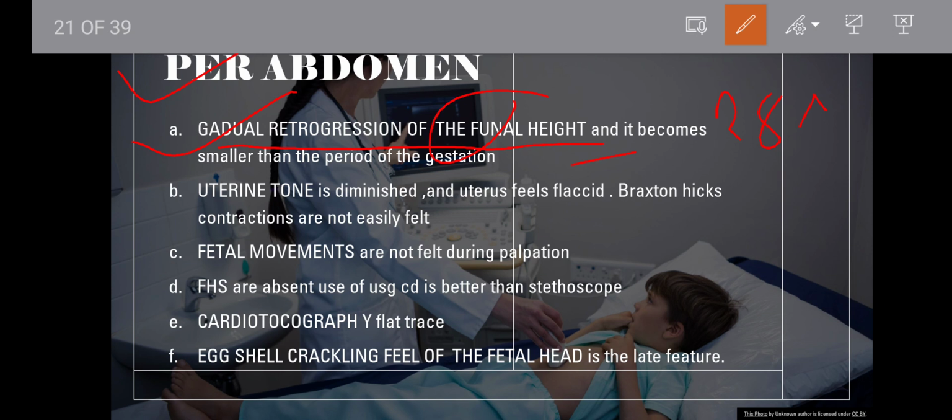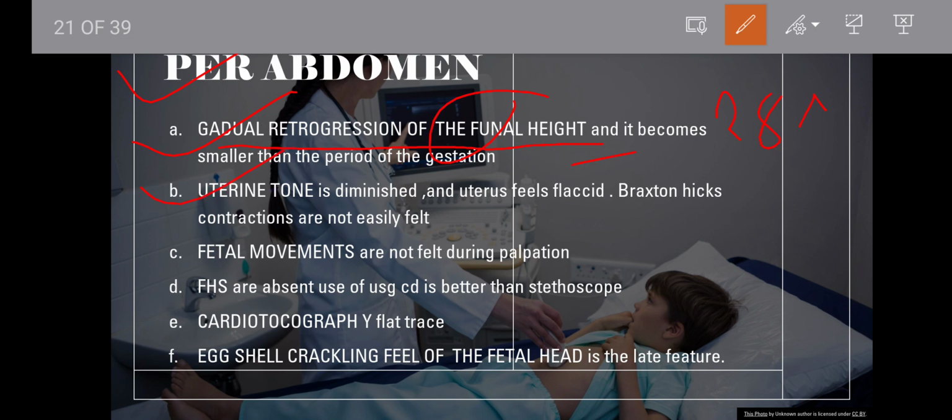In case of intrauterine fetal death, the fundal height is not around 28 weeks, it is somewhat lesser, around 26 or 24 weeks, due to the non-developing fetus, and some cases are also suggestive of oligohydramnios with associated IUD. So there is a gradual retrogression of the fundal height and it becomes smaller than the period of gestation.